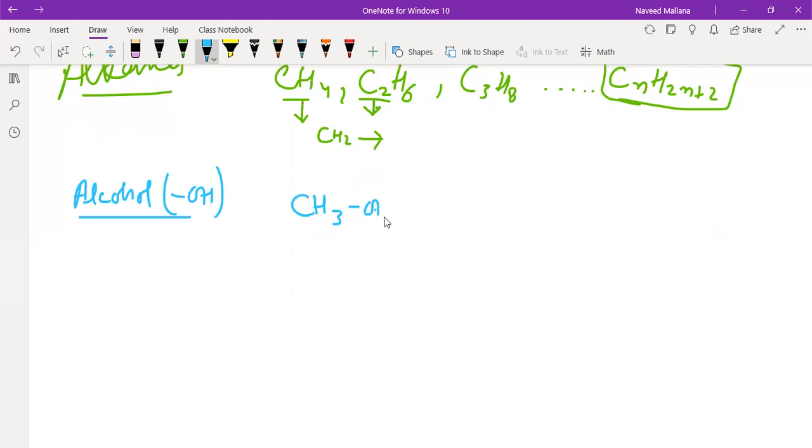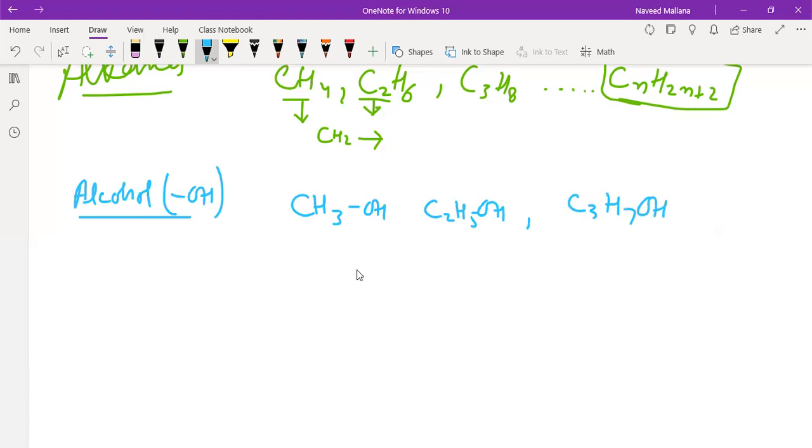CH3OH, the first member, similarly C2H5OH is the second member, and next member is C3H7OH.